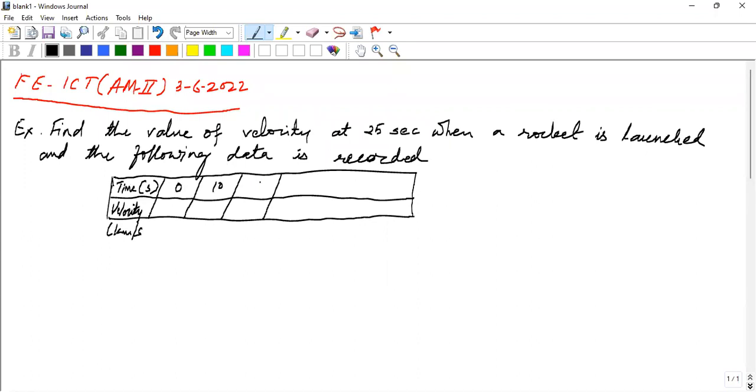We have 0, 10, 20, 30, 40, 60. Okay. So these are the seconds, and then velocity we have 0, 15, 25, 35, 70.